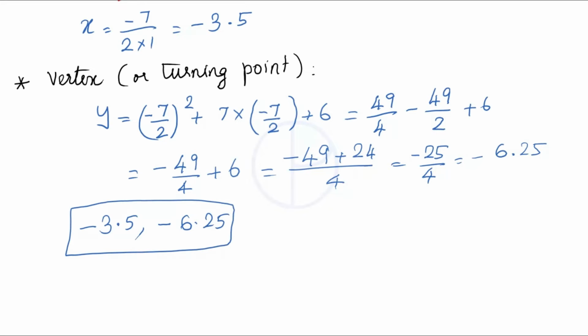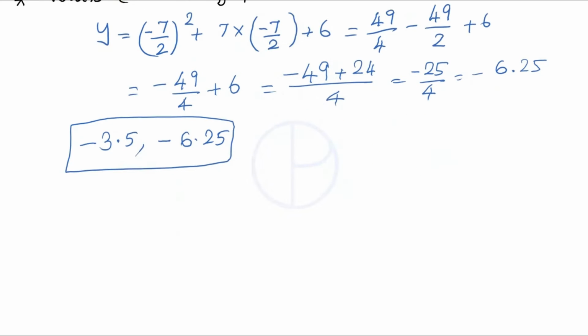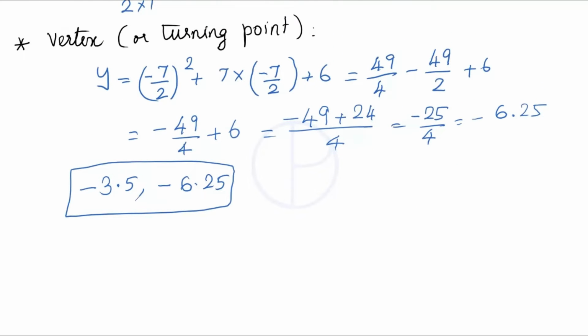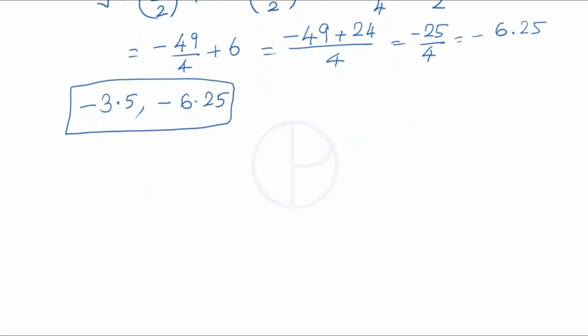This is the vertex. You can calculate the vertex by completing the square format also, or by differentiation. Let's check how to find the vertex by completing the square. y = x² + 7x + 6.